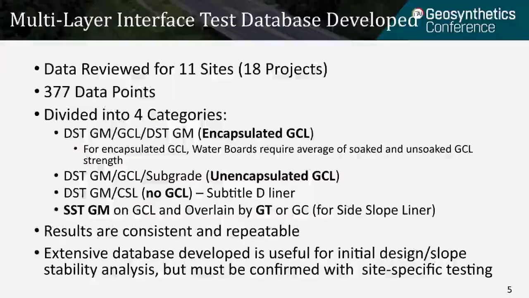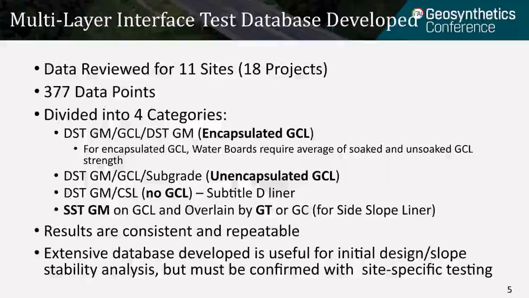We have developed a database of 377 multi-layer interface test points from 18 projects. For the paper, we grouped the tests into 4 categories based on the liner system: GCL encapsulated between 2 textured geomembranes, unencapsulated GCL, Subtitle D liner where no GCL is used, and smooth geomembrane overlain by geotextile or geocomposite.